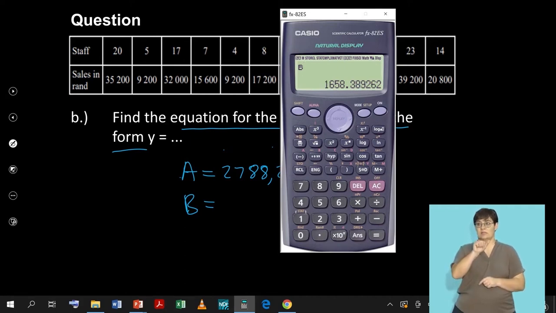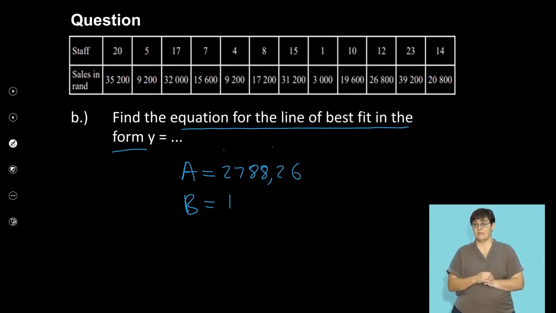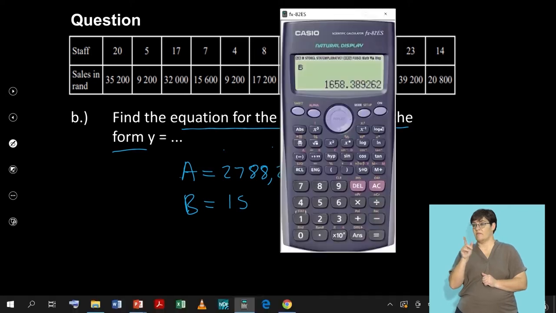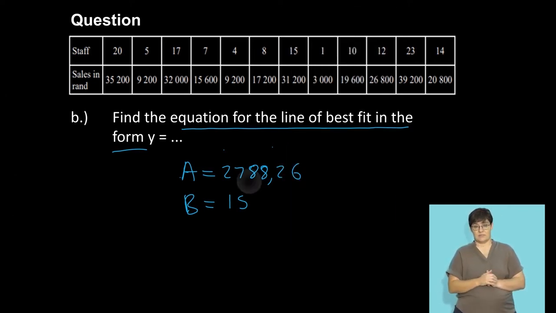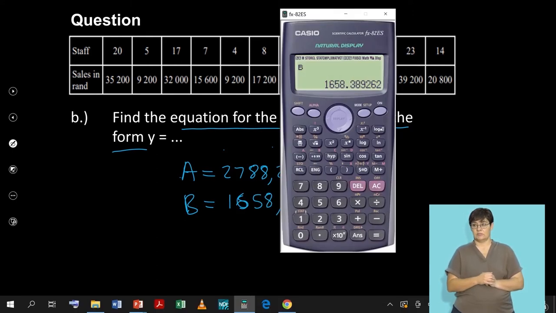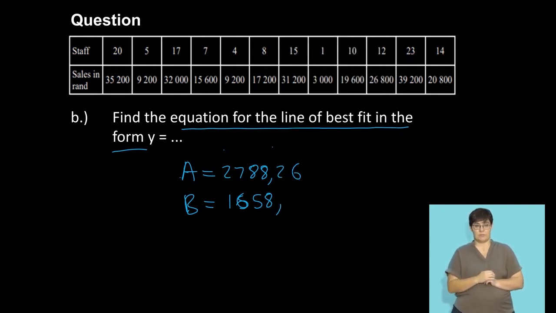There's my B value, which is 1658.39 if we round to 2 decimal places.